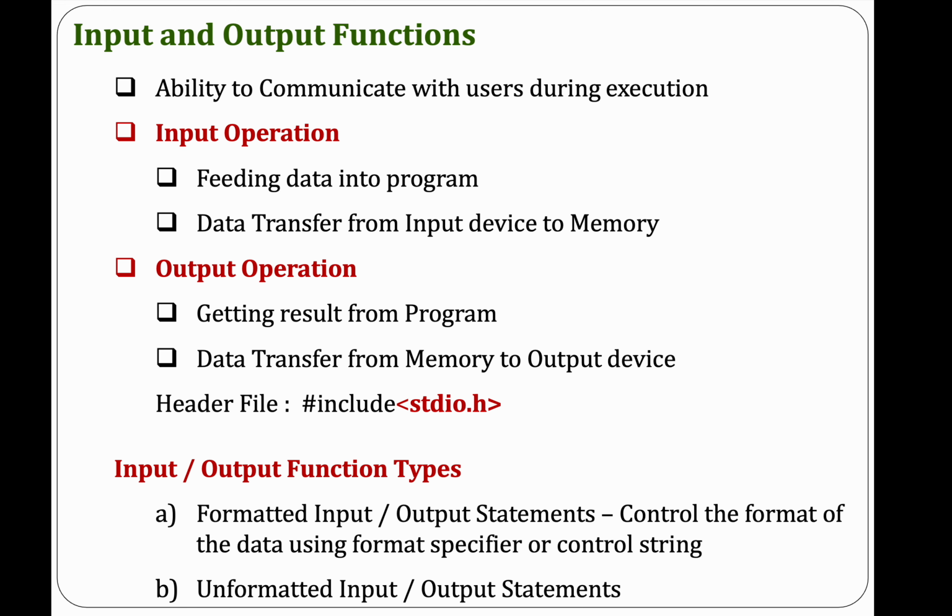Std refers to standard, I refers to input, and O refers to output. It's a library, specifically useful for input and output. Dot h is the extension of the header file. That's why hash include stdio.h.